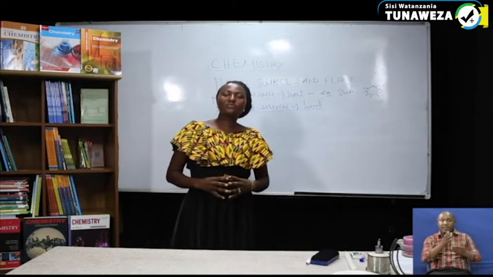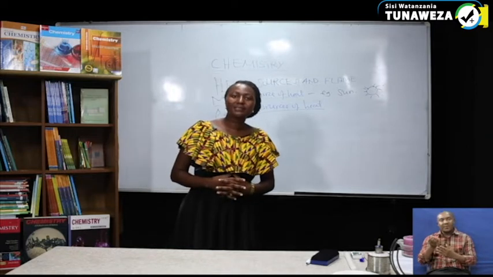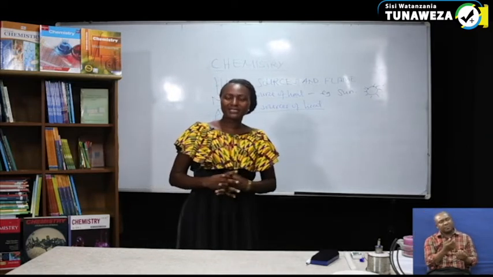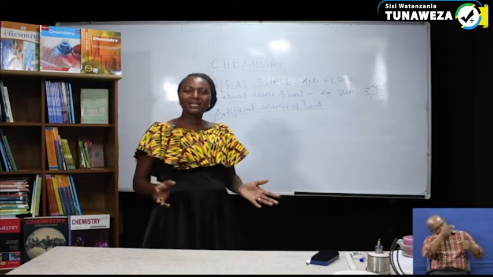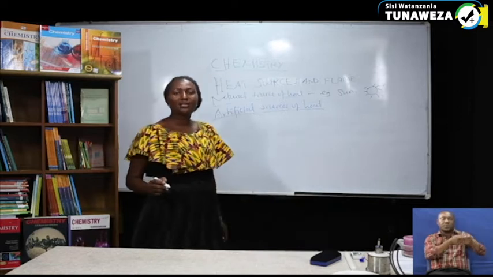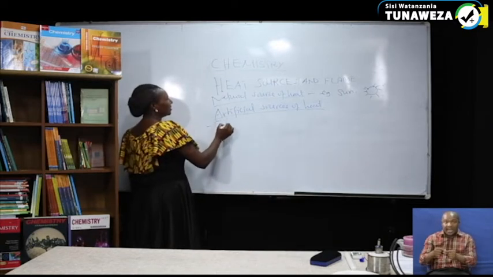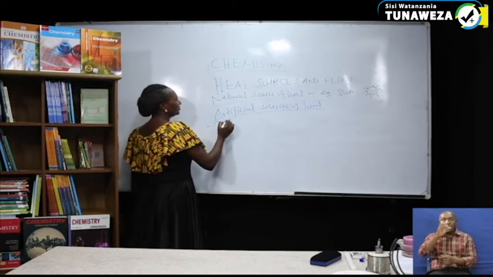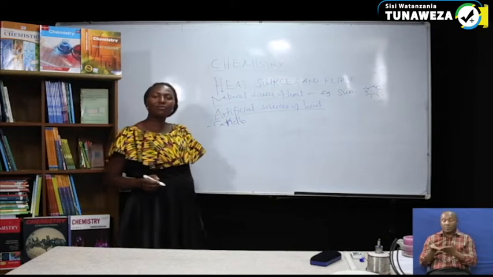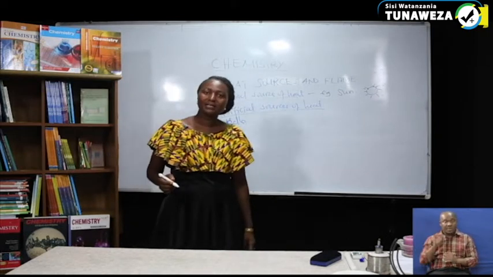Some of them are used for cooking, others are used for lighting, and others are used in chemistry for heating substances. Let us mention them together, students. One example is candle. Candle is one example of an artificial source of heat.